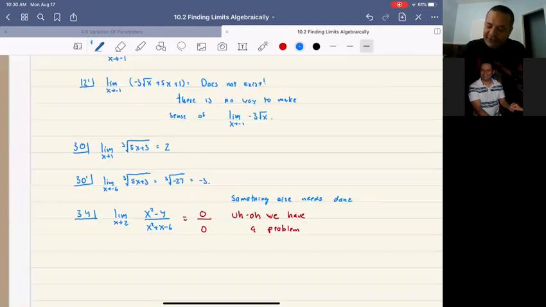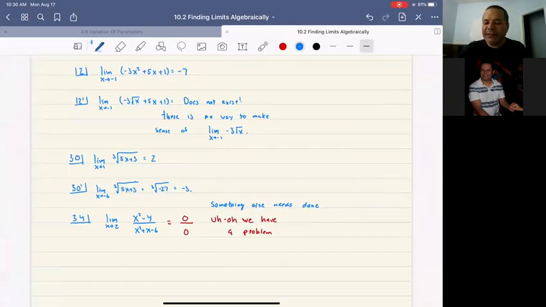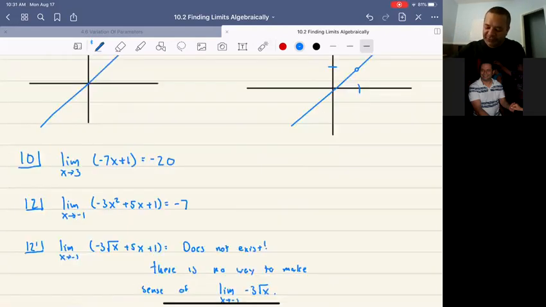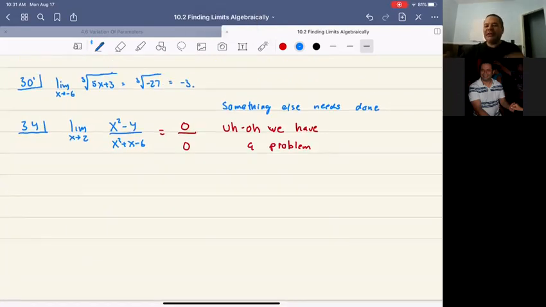The first thing that happens is if we have 0 over 0, we can do some simplification. If you remember from college algebra, if you have 0 over 0 with polynomials, that means they have a factor in common, x minus 2 in this case.